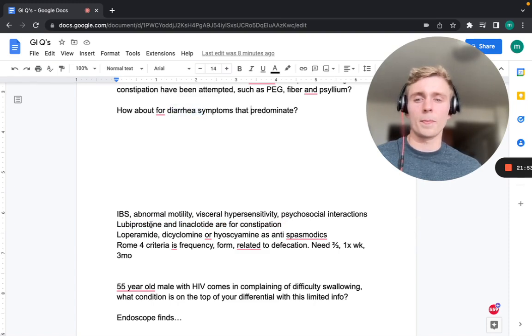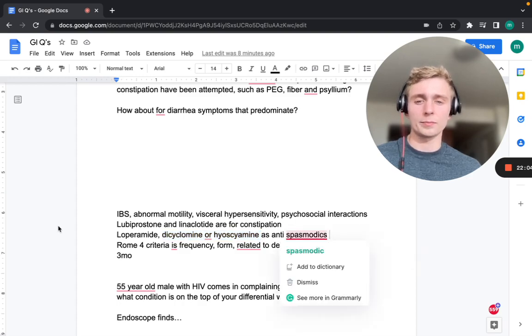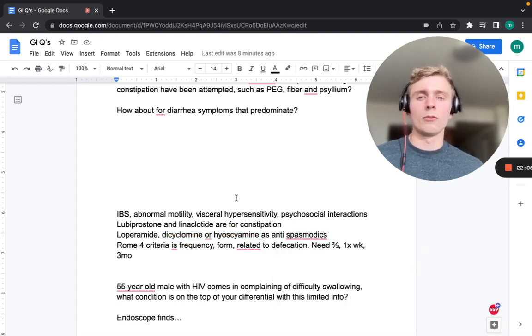Then we can do loperamide, which works on opioid receptors. We can do dicyclomine or hyoscyamine also, and these are antispasmodics. So again, for the diarrhea, loperamide, dicyclomine, and hyoscyamine, and for the constipation, lubiprostone and linaclotide.